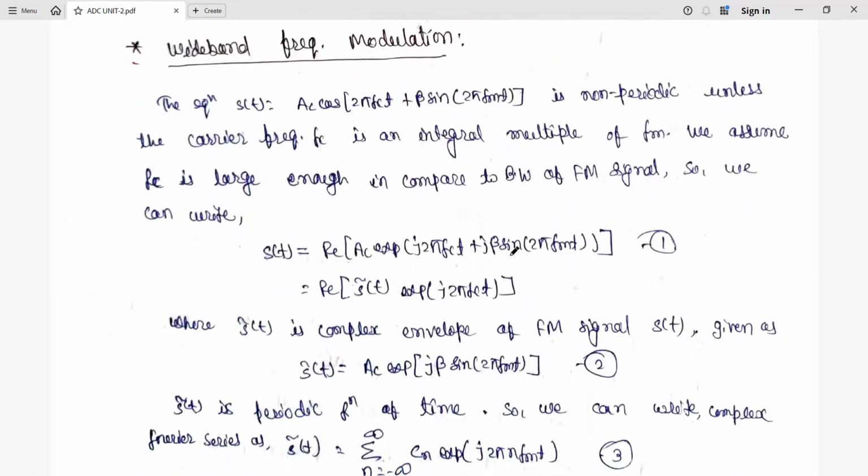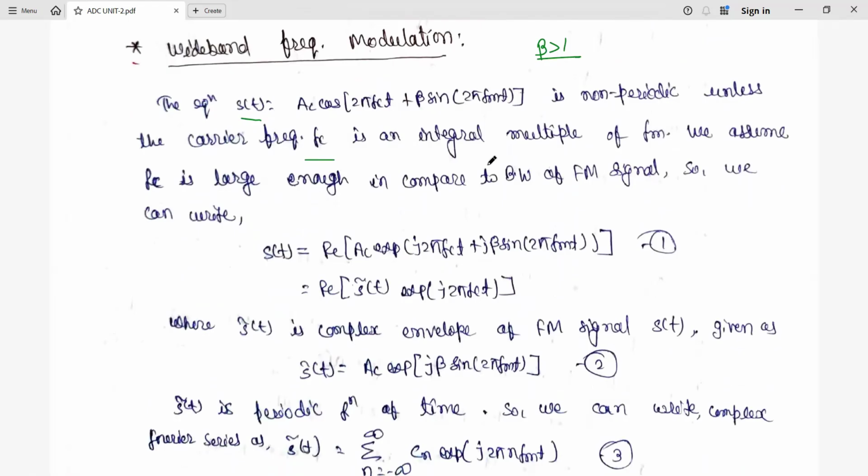Okay. Now we are going to discuss wideband frequency modulation. In case of wideband frequency modulation, beta value is greater than 1. Here again the same modulated wave, Ac cos(2 pi fct plus beta sine 2 pi fmt), is taken. It is non-periodic unless the carrier frequency is an integral multiple of fm.